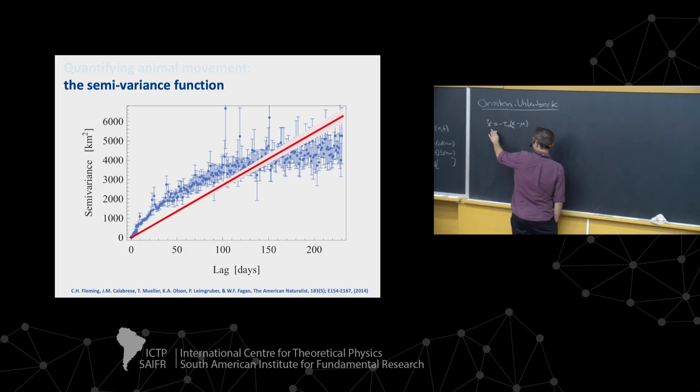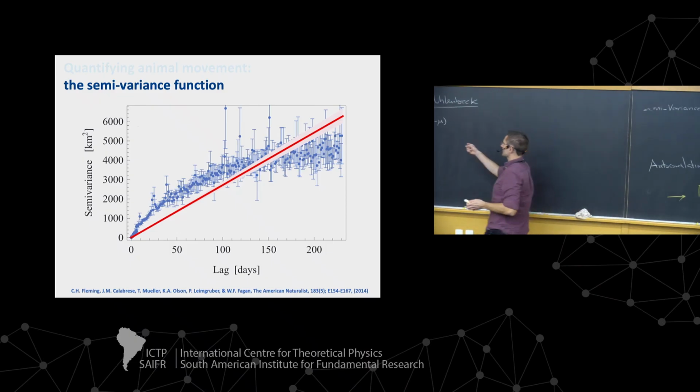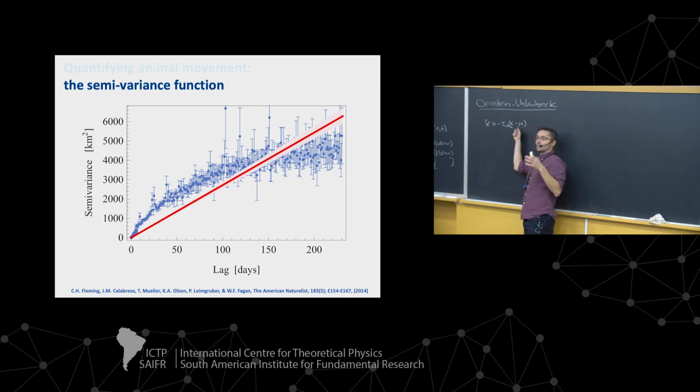For those of you that are not familiar, the Ornstein-Uhlenbeck process basically has two different components for the evolution of the position of the animal, in this case, or for the variable. One is a deterministic drift, a linear attraction force, that is dragging my animal towards its center of life, towards its nest, if you want.